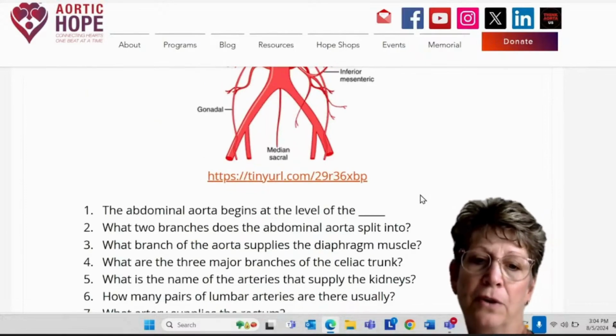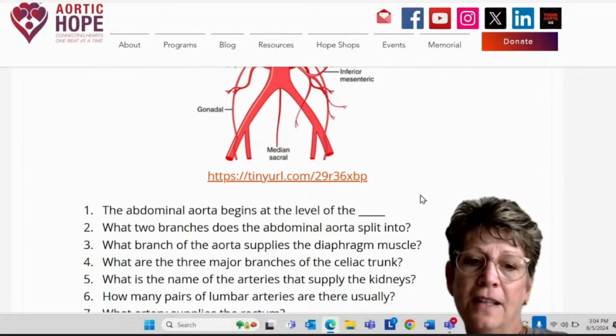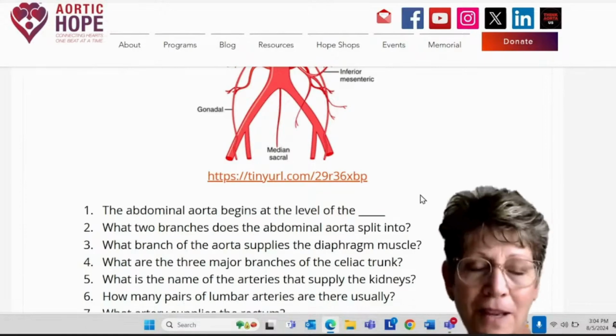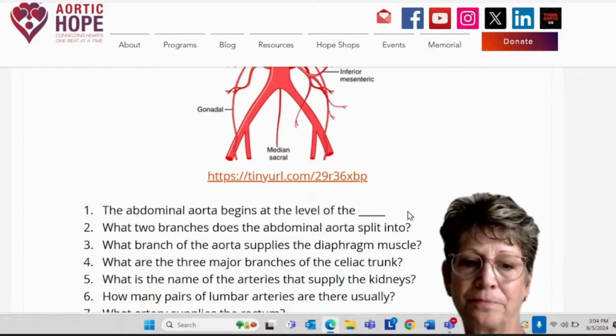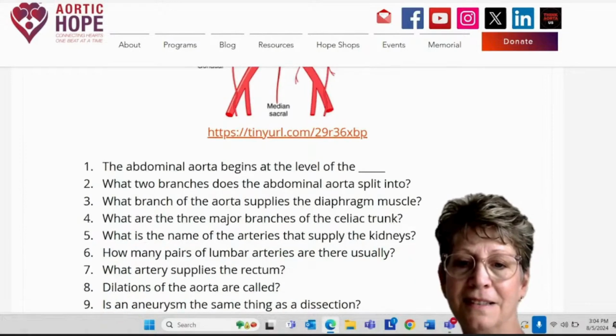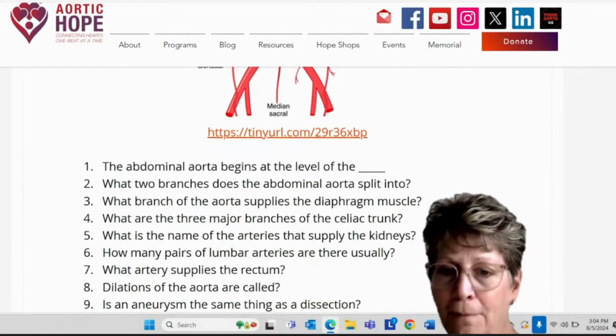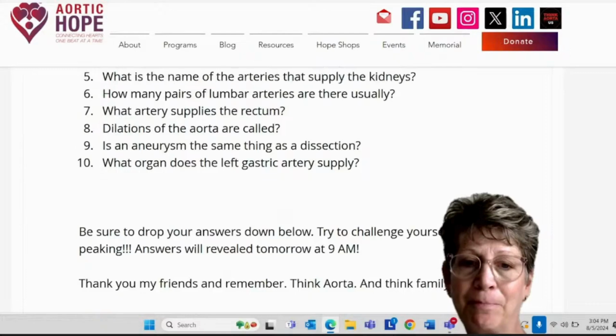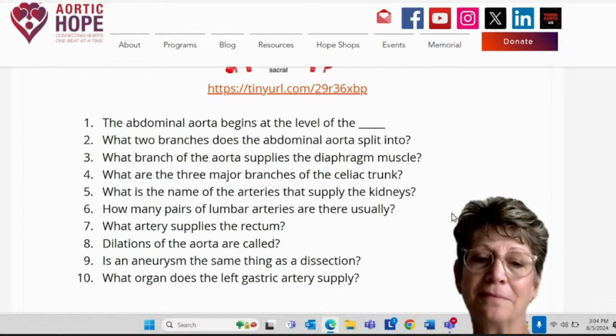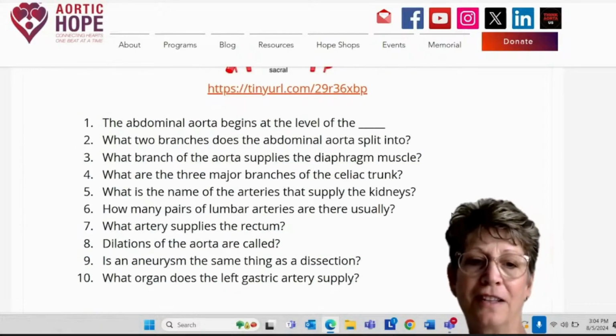The abdominal aorta begins at the level of the... and do we have anybody with us today, Josh, to answer any questions? We have Tom with us so far. Tom, do you know the answer? Don't forget there's a bit of a lag. I don't know if I know the answer to this or not.